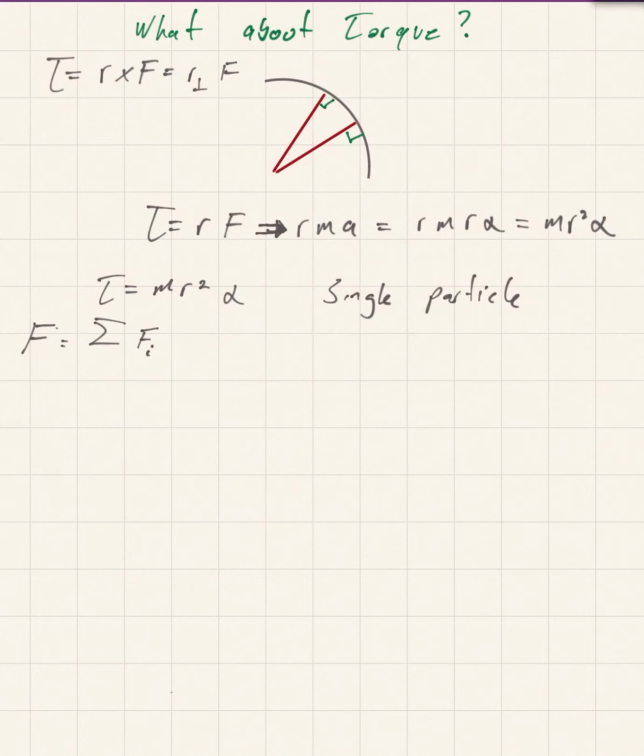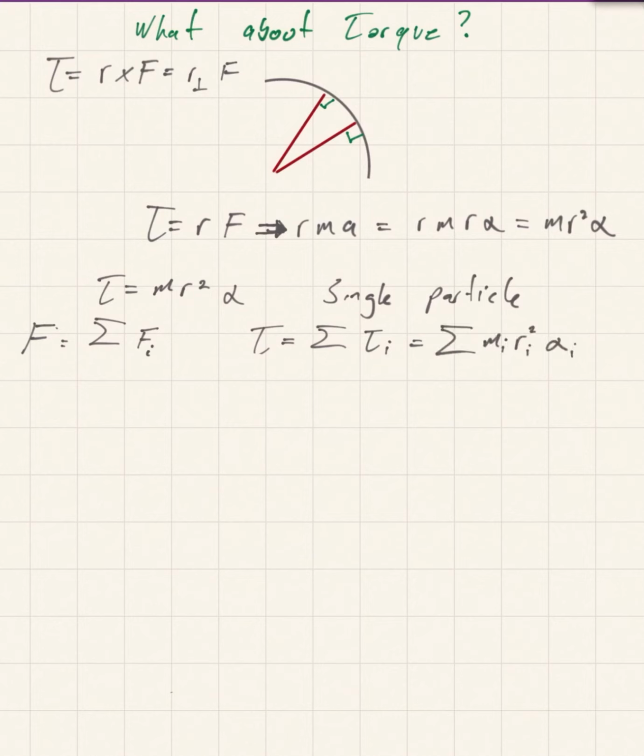but we would like to consider a collection of particles, since a rotating object could be an object, and that object is made up of many particles held together by some force or because it's a solid. So the total force is equal to the sum of the forces. Similarly, the total torque is equal to the sum of the torques of each individual mass.